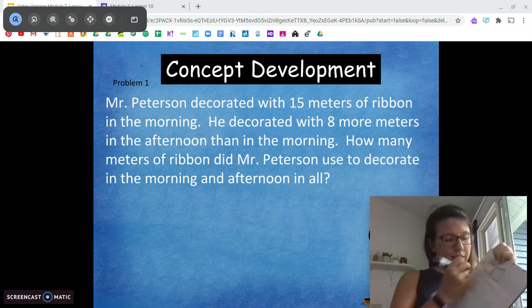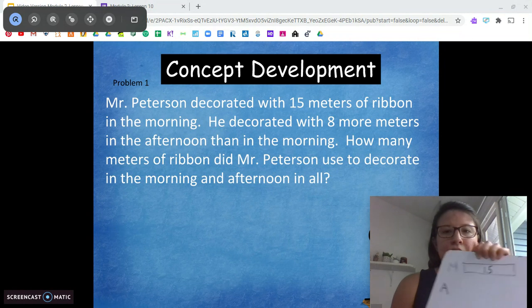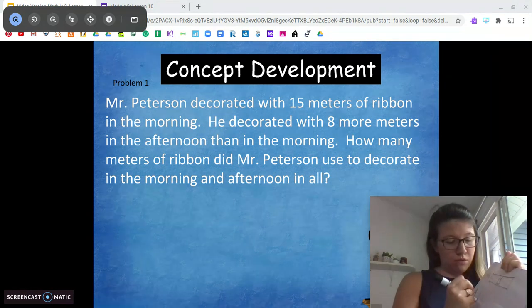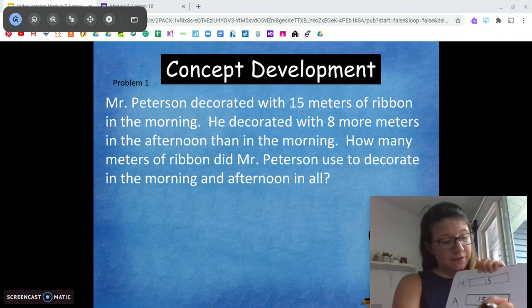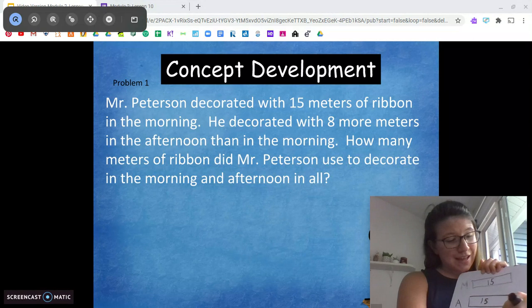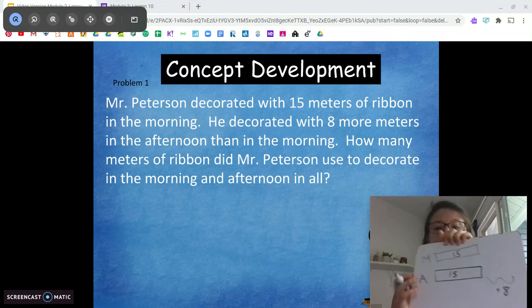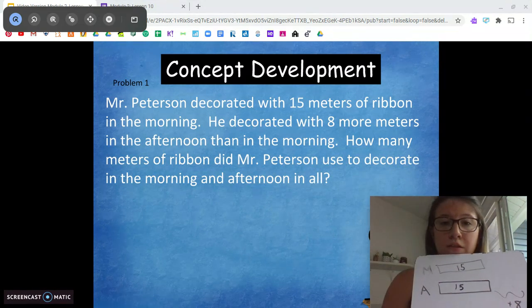Very good. Now, in the afternoon, he decorated with 8 more meters. So, I'm going to draw the 15 because I know he at least did 15 plus 8 more. See that there? All right.